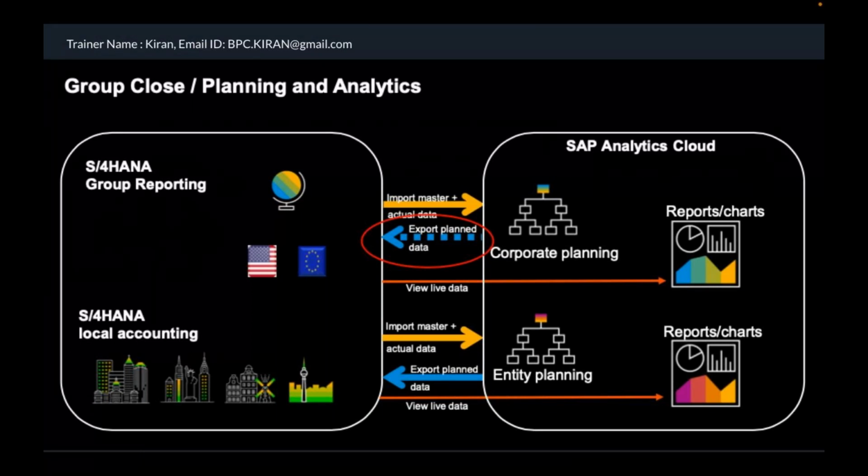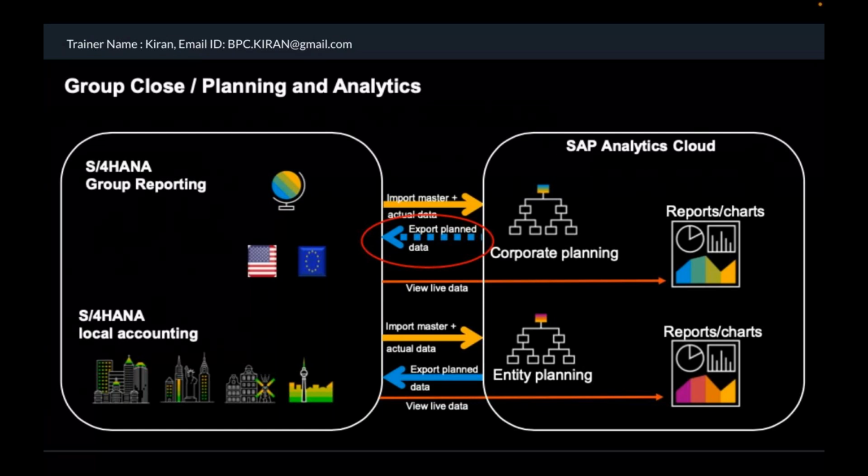The consolidated data, including eliminations and consolidation of investments, is available in group reporting. The available actual data I can move to SAC, and I can get the reports and dashboards based on my actual consolidation.